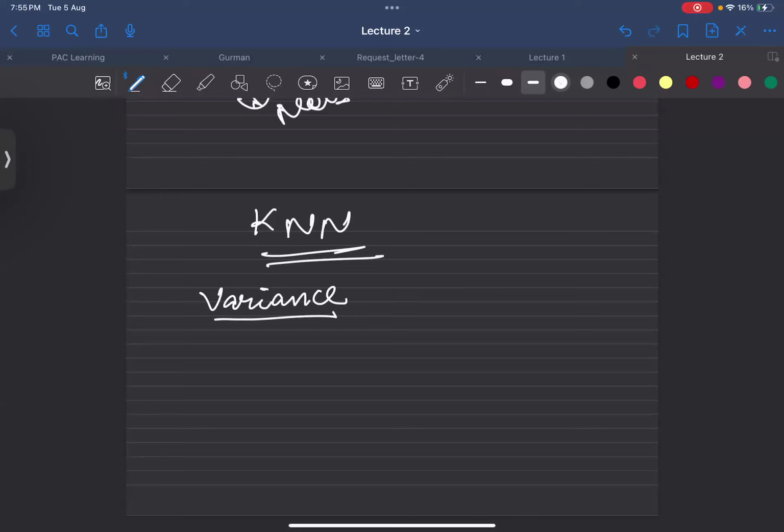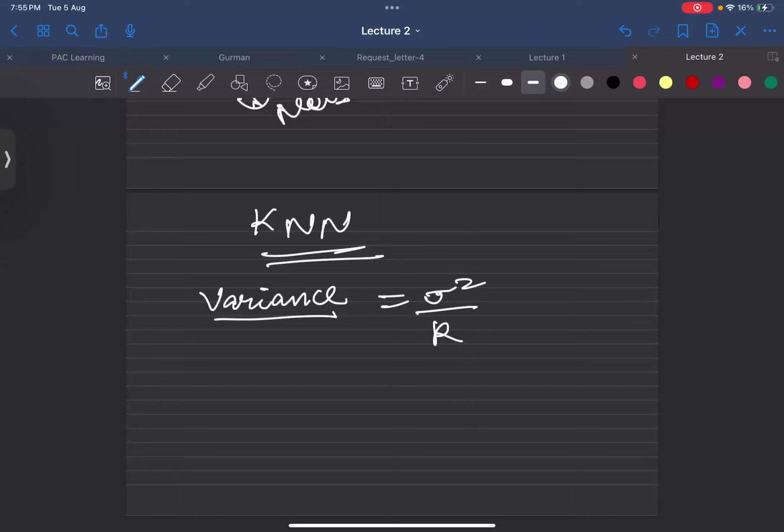It's told like variance is equal to K sigma square over K. How? Because we are calculating for K number of data points. Number of features are more there. How is this the variance?